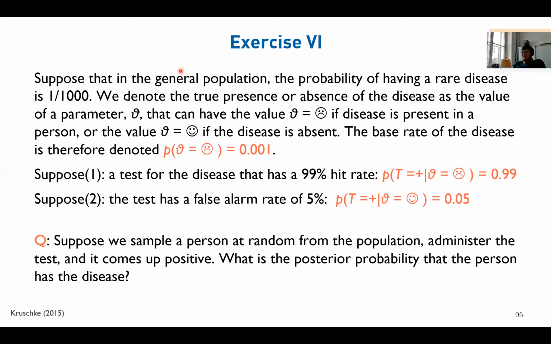I think I said it wrong. So P of A given B equals P of B given A multiplied by P of A, divided by P of B. This is correct, okay? So this is the Bayesian equation.